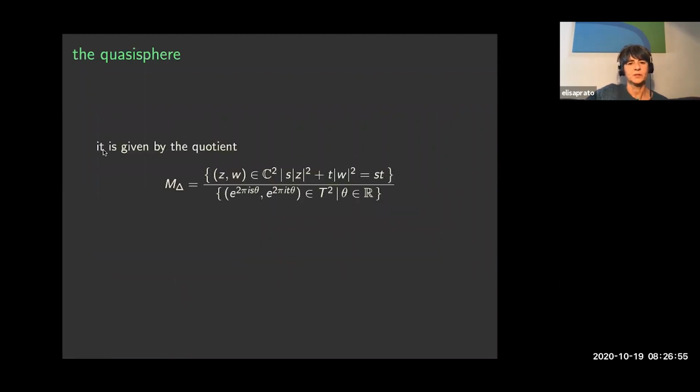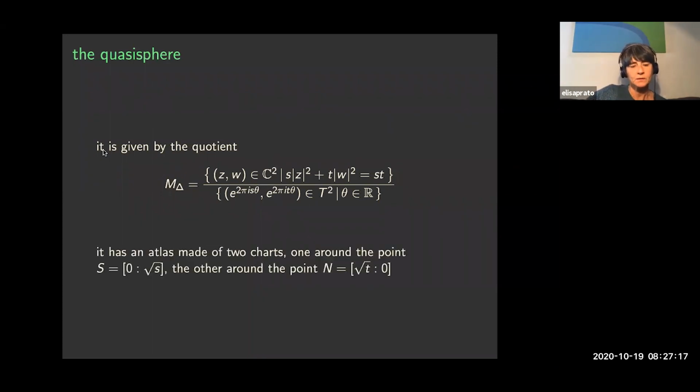So if we perform the generalized Delzant construction, we get this quotient. So N is acting by these irrational rotations on an ellipsoid upstairs. This quotient has an atlas which is made of two charts.